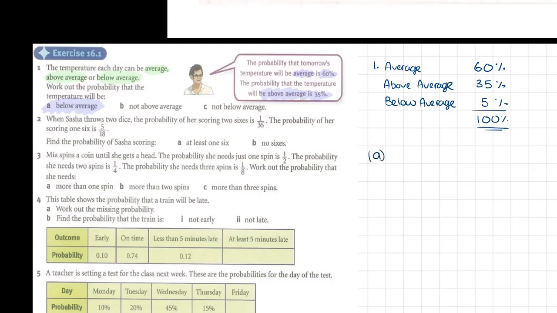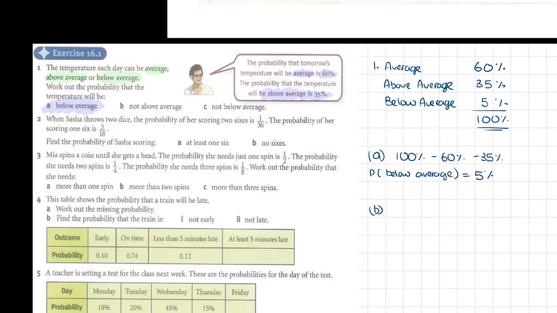So A is actually, you just take 100% minus 60% minus 35%, then you can get the probability of below average to be 5%.